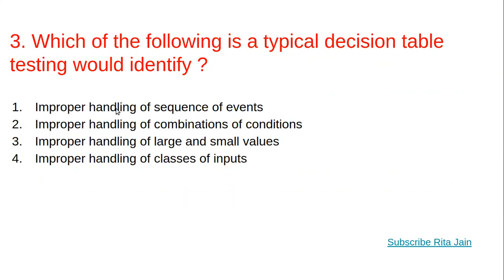So the answer should be from 1 and 2. As the decision table is used for testing the various input combinations based on conditions, the second should be the correct answer. Let's see the answer. Yes, the correct answer is 2.